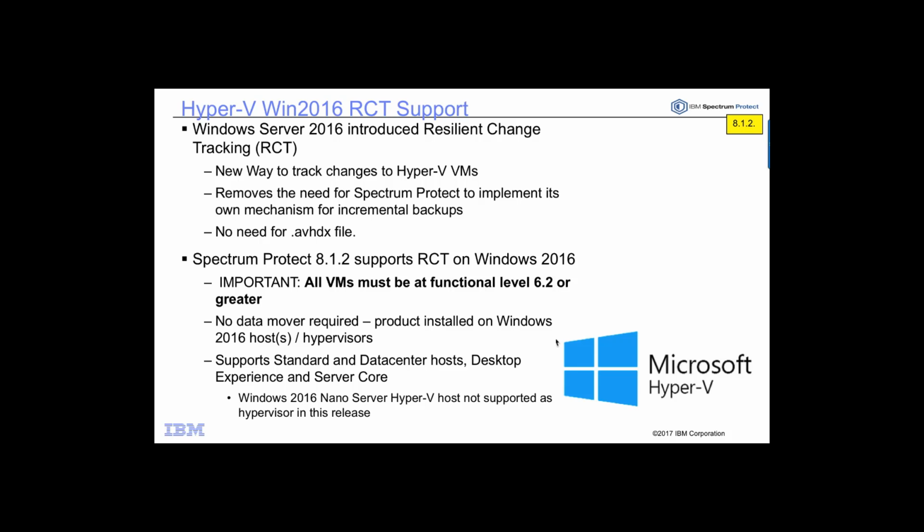You just install the product on your Windows 2016 hypervisor. We do support standard and data center hosts in both the desktop experience and server core modes. Currently, we do not support Windows 2016 Nano as a host, but we do support it as a guest in Microsoft Hyper-V.